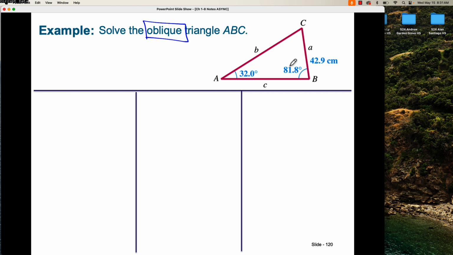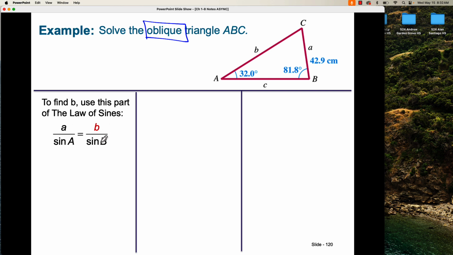Okay, so to solve the triangle, we need to find all of the missing parts. We have 2 angles given, 1 side length given. So we need to find another angle and 2 more side lengths. So we've got 3 pieces to find. Let's use this first cell here to find lowercase b. To find lowercase b, we would want to use the first ratio equal to the second ratio of the law of sines.